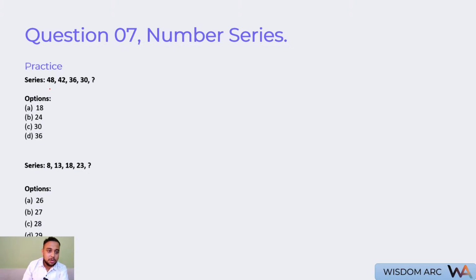Okay. Now, what's going to be the difference between 48 and 42? 6. Here we have also 6. We have also 6. So what is the next number? It's 24. Okay. Now, in the next question, I want you all to solve it before we get the answer.